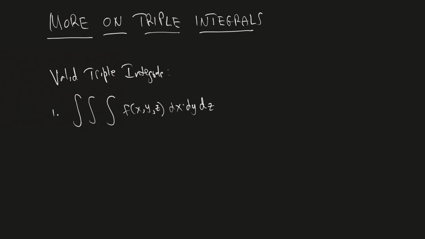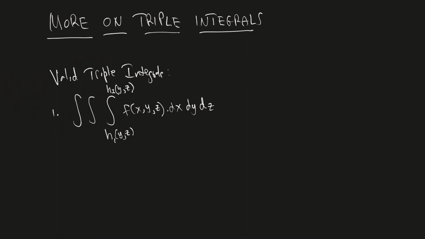Well, if we're going to integrate with respect to x first, worst case scenario is that our first pair of limits could have the other 2 variables in there. So it could be something like, and I'm going to use lots of different letters here, h1 and h2, and that could be a function of y and z. And then the limits there could also be a function of y and z.